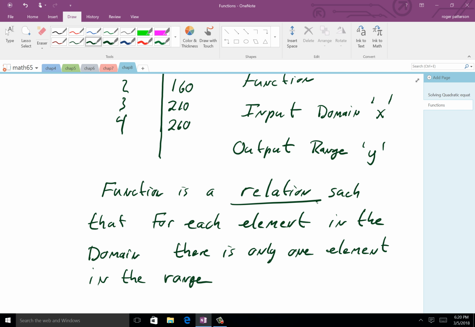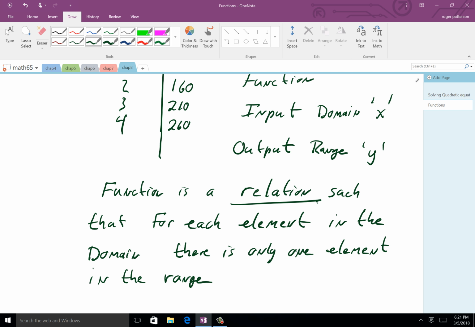There's a correspondence between these two numbers. It could be anything. Just as long as there's some sort of a correspondence, they call that a relation.